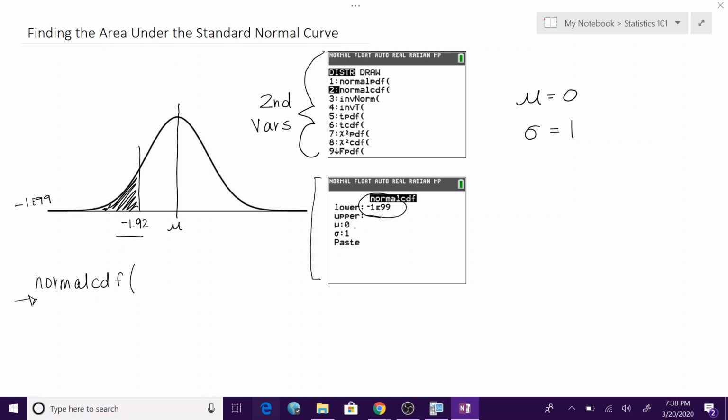Now, if you have this pop up, you're going to have to know these 4 things to put in. Okay. So the very first thing that we need to put in is negative 1e99. So again, to be able to do that little e, you press second and then your comma. Now remember that anything you see in the little tiny blue is going to be why you press second first.